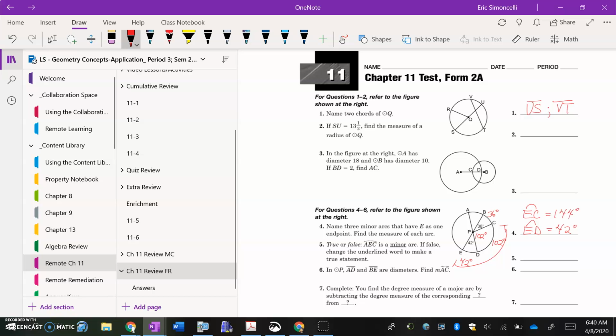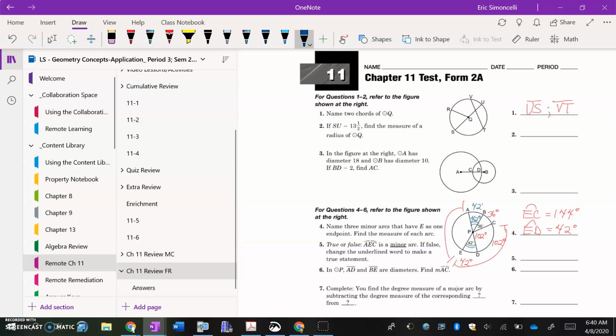Now it does want 3 minor arcs, so we could include, for example, this arc, arc EA. Because I said BE is a diameter, 180 degrees, noting arc EAB there, I'm going to use the vertical angle idea to highlight these two angles as congruent because they're vertical. Therefore, this is also 42.